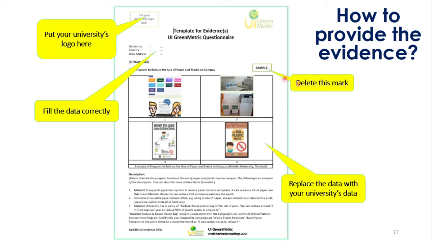And then you need, of course, to put in your data by replacing the data that are in the sample. Another thing that you need to do is to add a link for the evidence that you upload in the case where your evidence is somewhere on the internet. So what you need to do is to put in the link to your evidence.